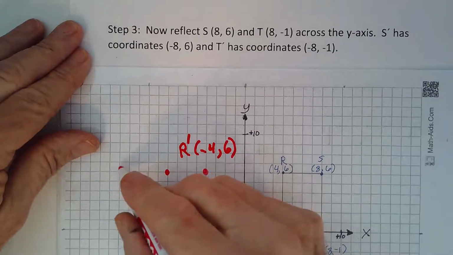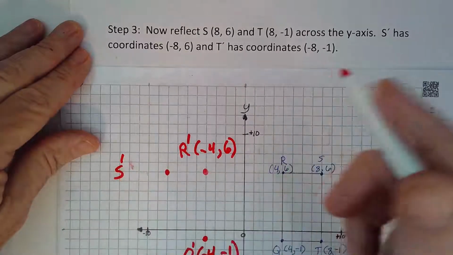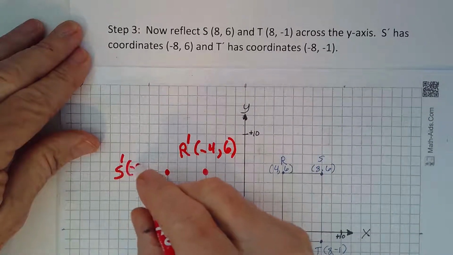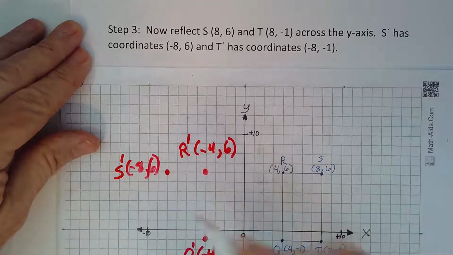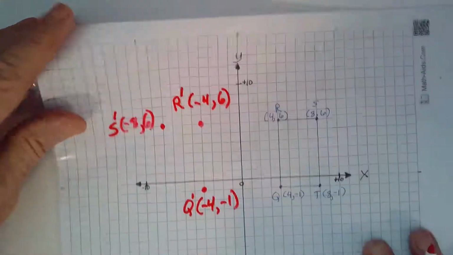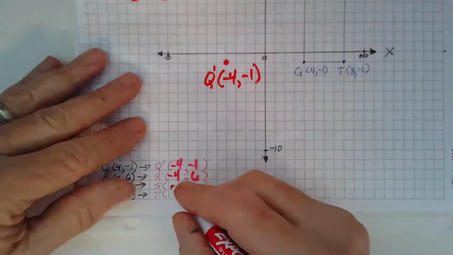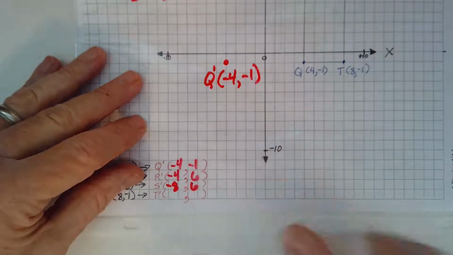So S, and that's S prime. And so it's going to be at -8, 6. All right? And I'm going to write that down at the bottom. -8 and 6. Okay?